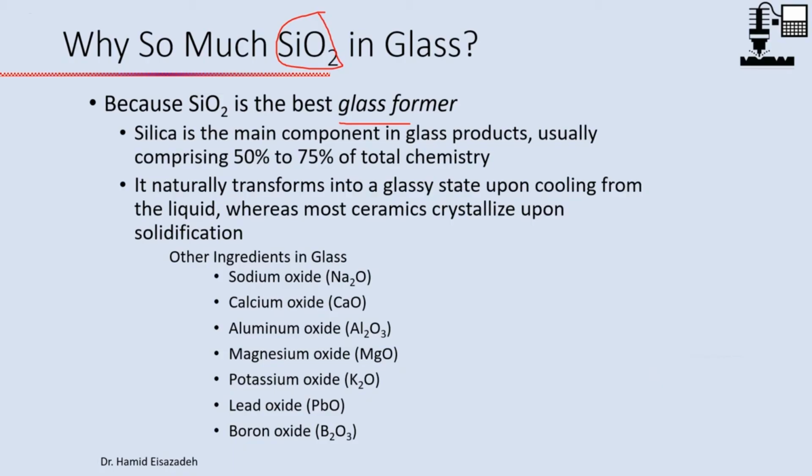So when we cool them down, even quickly, they tend to crystallize during solidification. But silica, SiO2, is a good glass former. We have other materials in the glass. For example, sodium oxide, calcium oxide, and aluminum oxide are some of them.